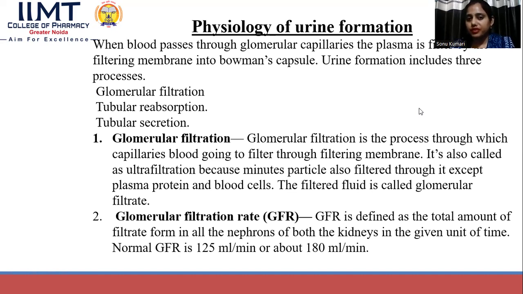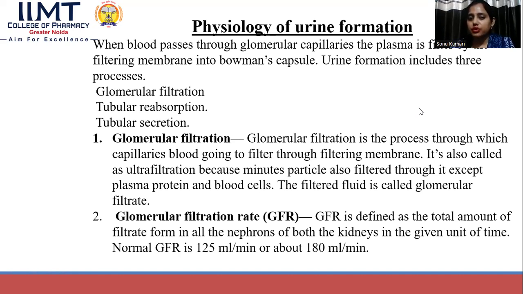Glomerular filtration is the process through which the capillary blood is filtered through the filtering membrane. It is also called ultrafiltration because even minute particles are filtered through it, except the plasma proteins and the blood cells. The filtered fluid is called glomerular filtrate.